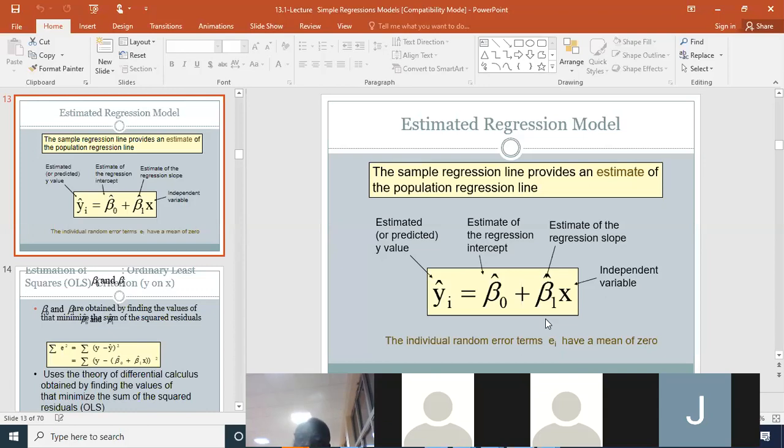I'm not going to subject you to differential calculus, but I'm going to give you the result. I've derived it here for you, but I'm going to give you the result of that differentiation that gives you the beta naught and beta 1 that minimize the error term. I'll show you for y on x. Since I have two unknowns, beta naught and beta 1, how many equations do I need to solve for two unknowns?